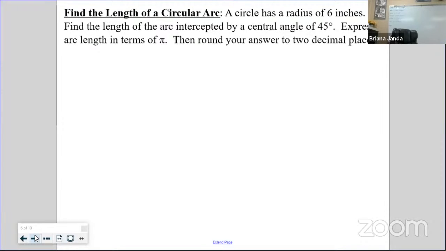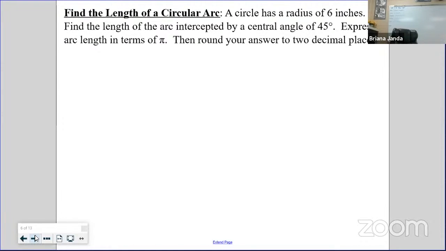Once you've identified that it's arc length, you are finding that formula, S equals R theta. By the central angle of 45 degrees, express arc length in terms of pi, and then round your answer to 2 decimal places. A couple things, just vocab words again. Intercepted or subtended just means that it has that central angle.